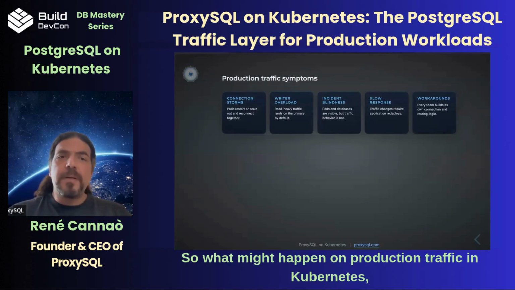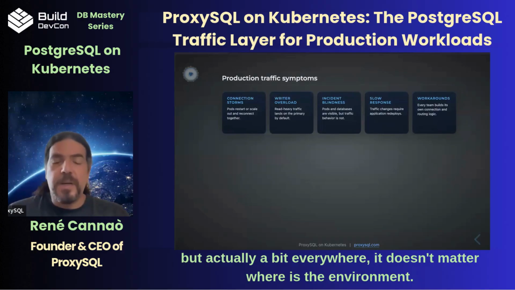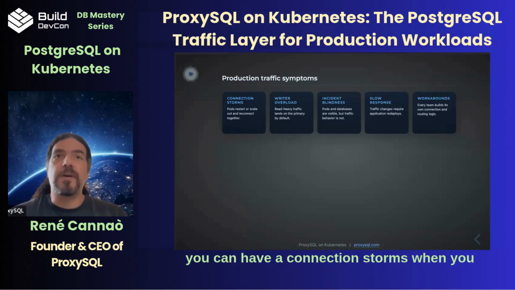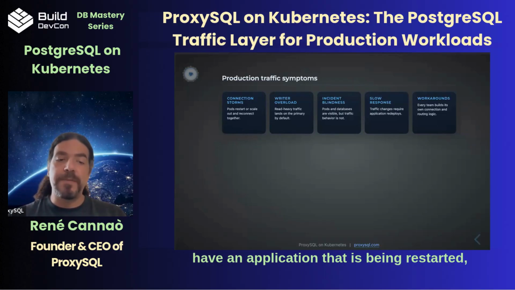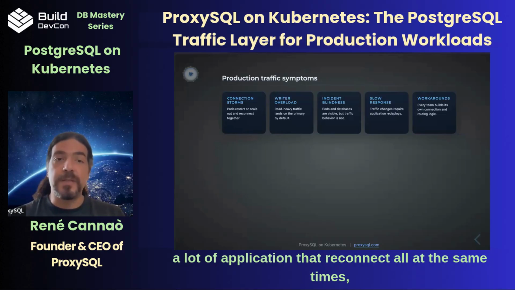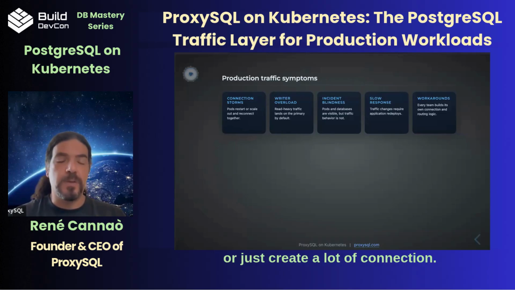So what might happen with production traffic in Kubernetes, but actually a bit everywhere, no matter the environment. You may have connection storms, which happen when an application is being restarted, or there is automatic scale out, and a lot of application instances reconnect all at the same time or just create a lot of connections.